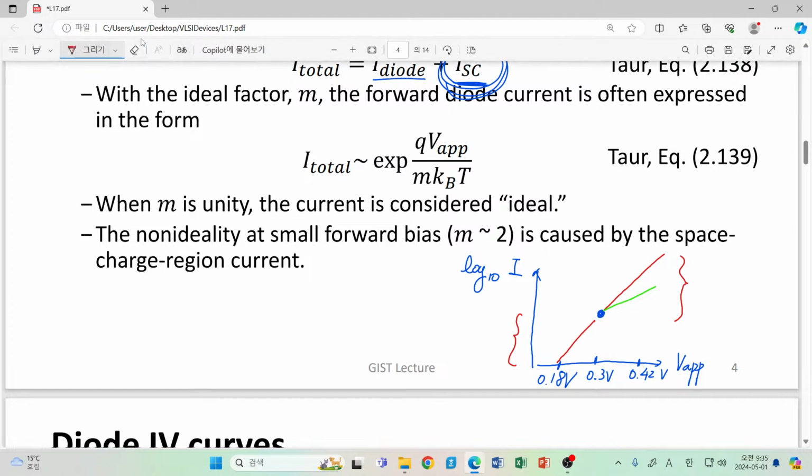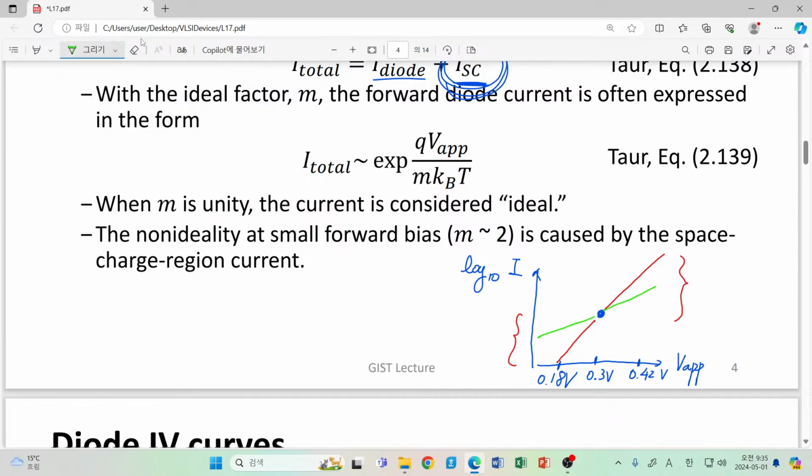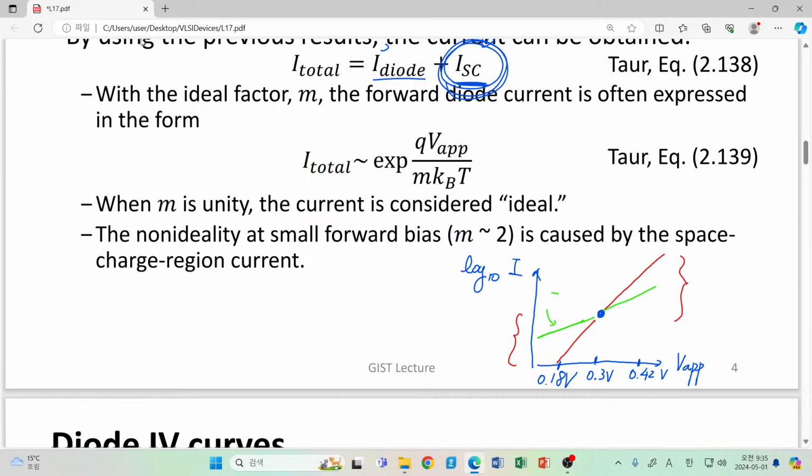However, as you can see here, this behavior, especially this space charge current, means that even when the diode is biased quite closely to 0 volt, we will still have a remaining current component out of space charges.